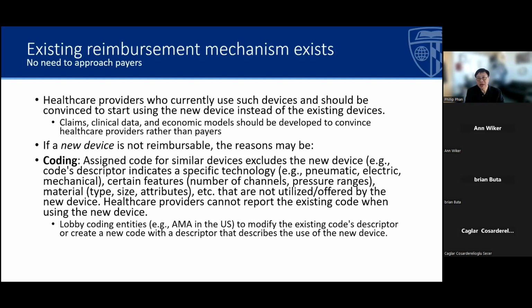Most of the major medical societies have influence on the CPT codes, right? So the AMA is the big gorilla in the room, but you have got a lot of societies as well, the American Surgical Association, etc. They also provide codes, right, that payers look at in order to determine reimbursability. So you basically go to those societies and you lobby them to include a particular design dimension that may not be covered under an existing code. That takes time, but you can do that. I mean, manufacturers do that all the time.